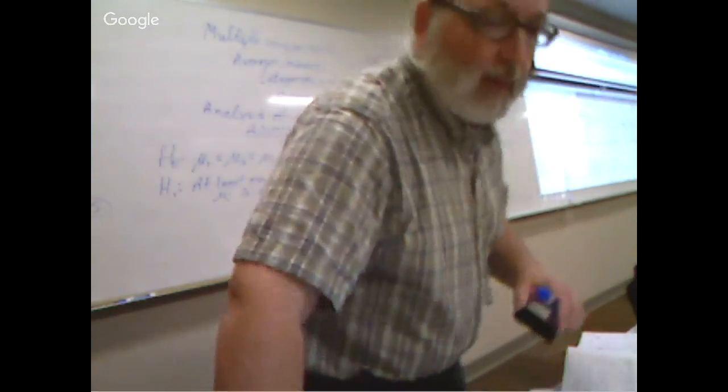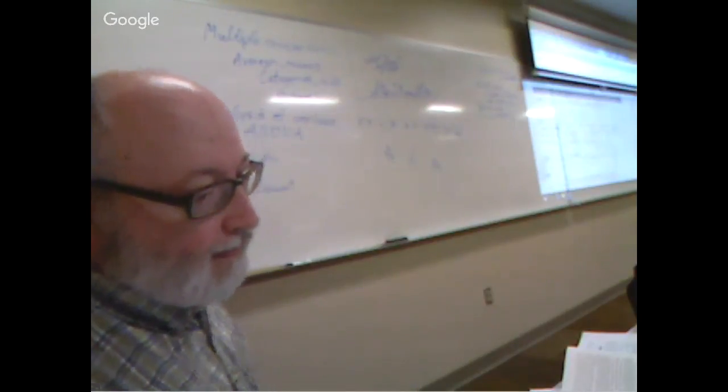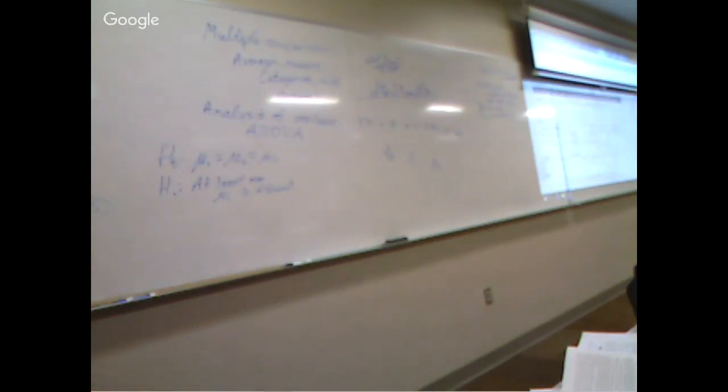But what can we do? Well, we can do something called ANOVA, and it looks like this. What does it tell us? We don't care right now about any of these numbers except the p-value.